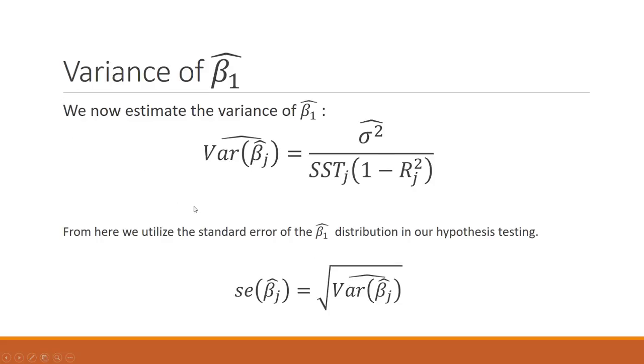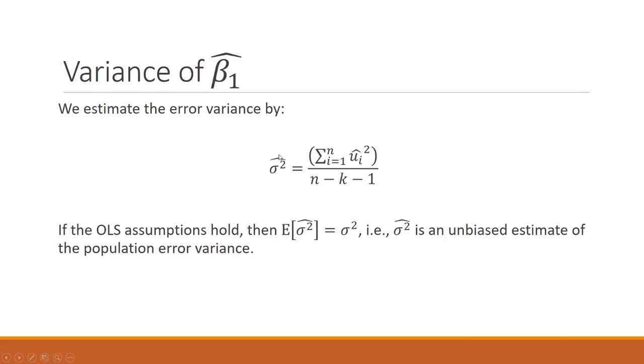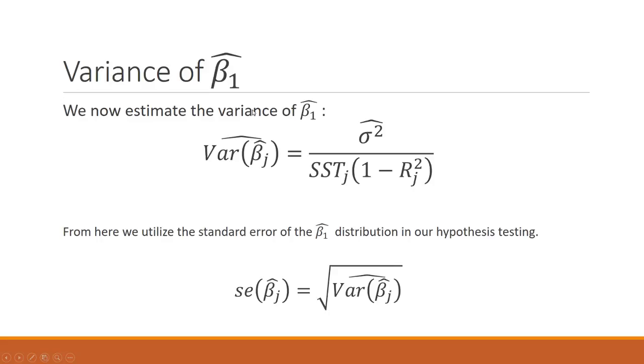All right. So now that we have an estimate of the error variance, we can estimate the variance of beta 1 hat. The estimated variance of beta 1 hat, with a hat over the variance, equals our estimated error variance divided by the total amount of variation in the independent variable times 1 minus the R squared.